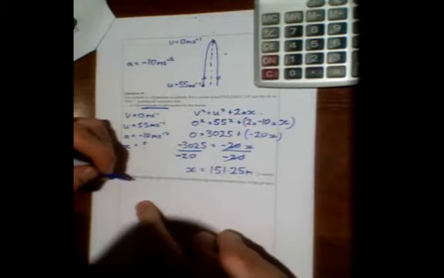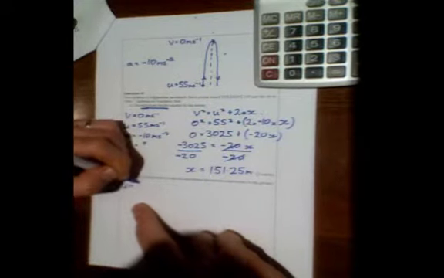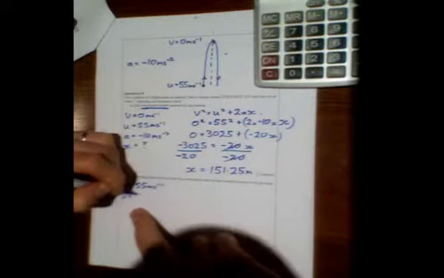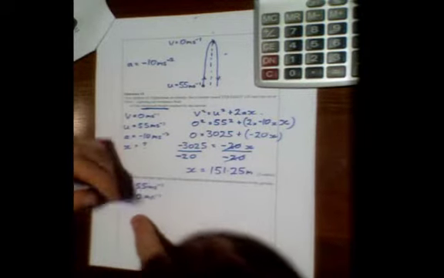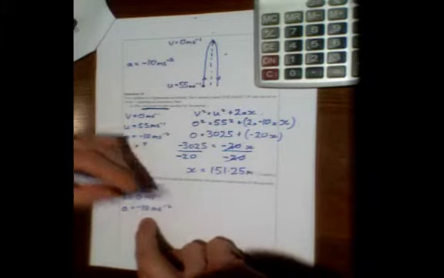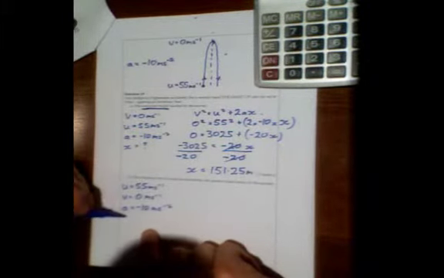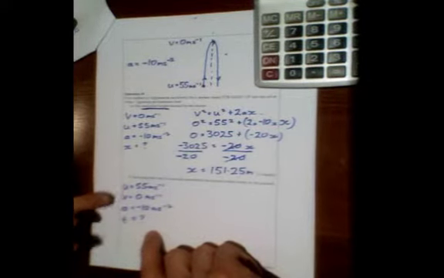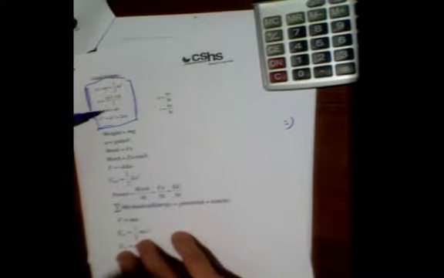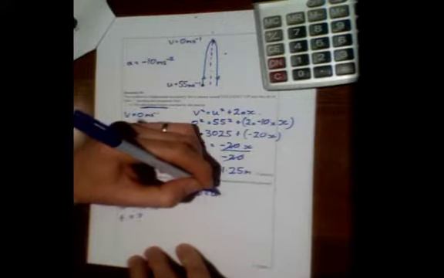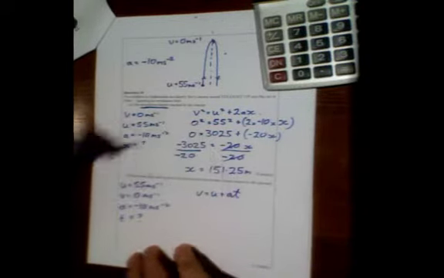So U equals 55 metres per second, V equals 0 metres per second, acceleration equals minus 10 metres per second squared. Now it's not distance, it's time. UVAT. It's going to be V equals U plus AT.